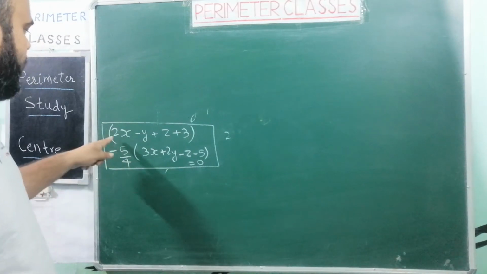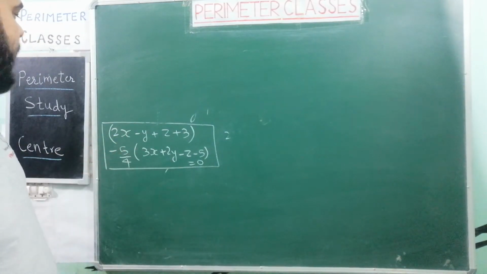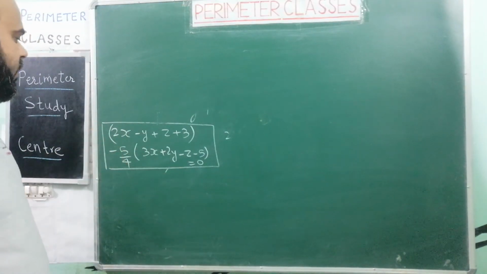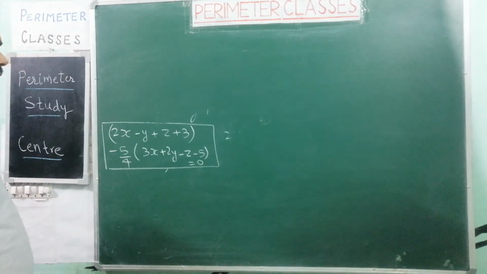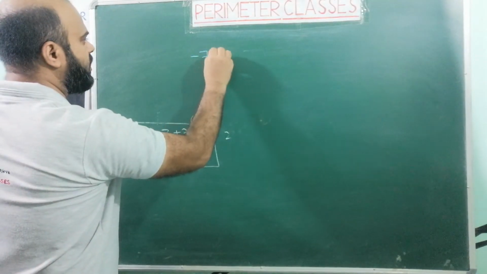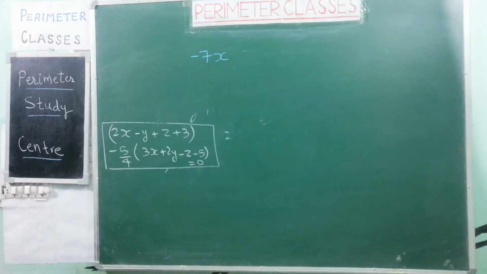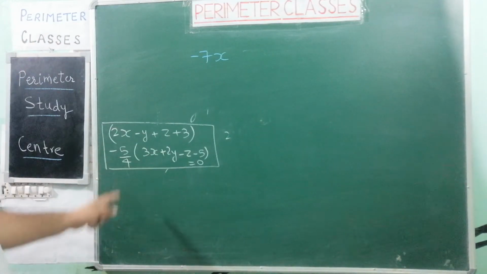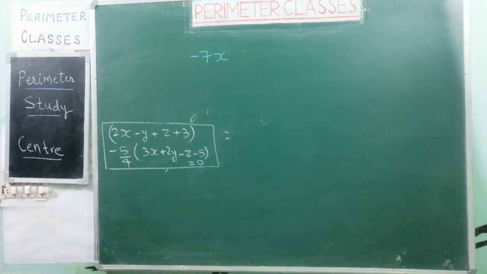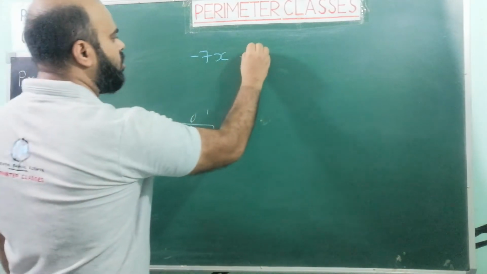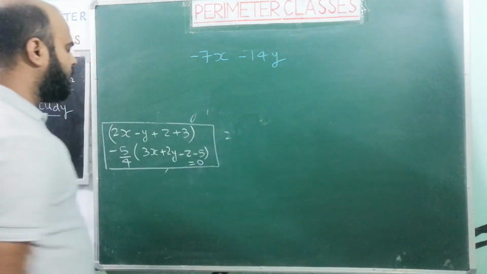So just simplify it. It is 2x and here it will be minus 15x, and when you take the LCM, 8x minus 15x is minus 7x. Again here it is minus 4y after taking LCM, and here it will be minus 10y, so minus 14y. This is what you will get here.